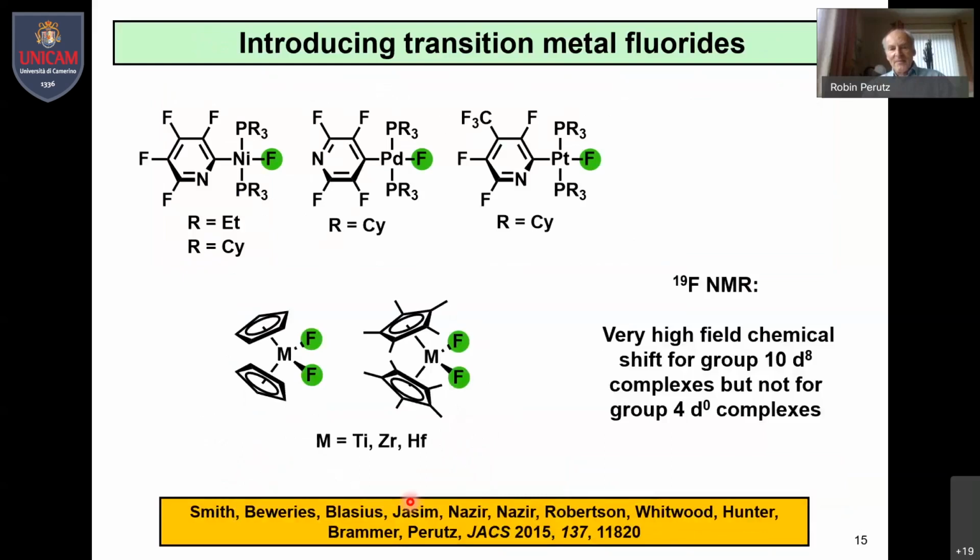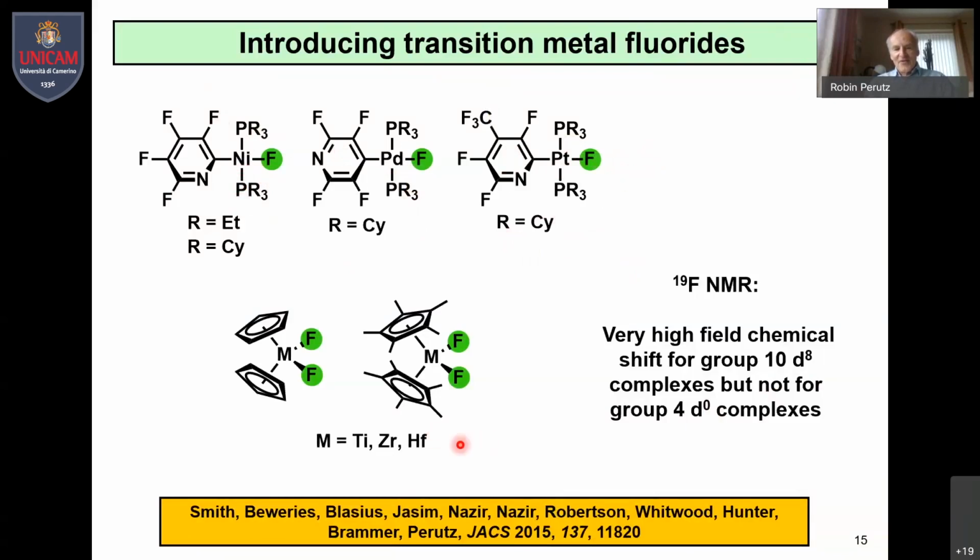So I'm going to do some comparisons, and we have this nickel fluoride that I've just talked about, and some pretty close analogs with palladium and platinum. We can change the phosphines to a certain extent. So this is our series for group 10, and they all have that high field chemical shift.